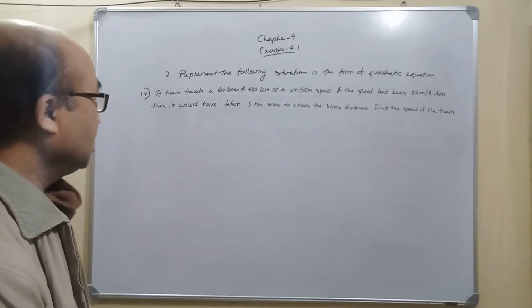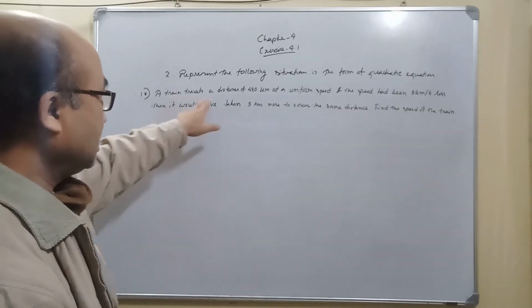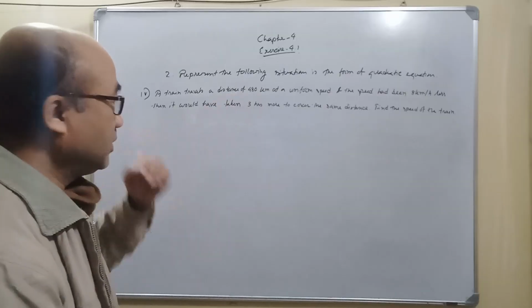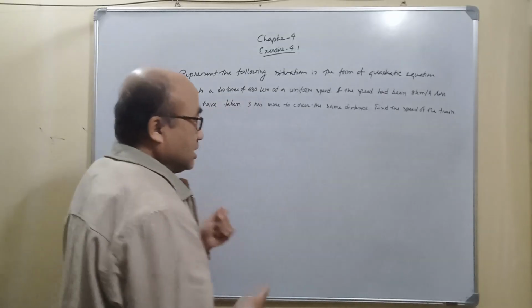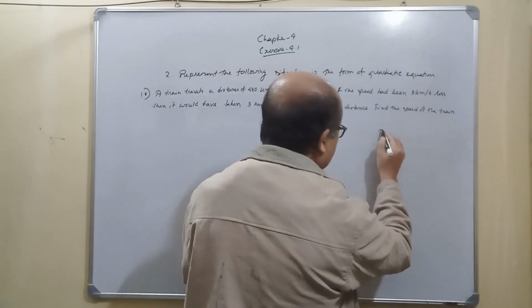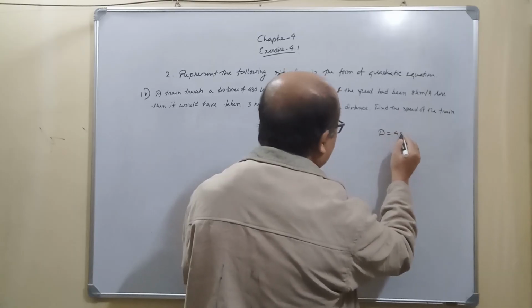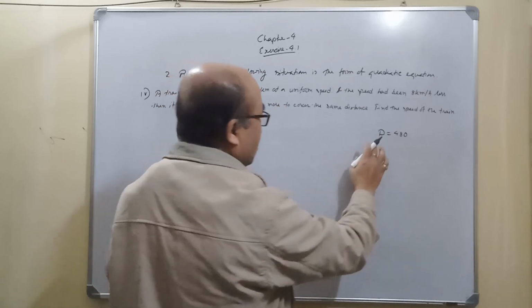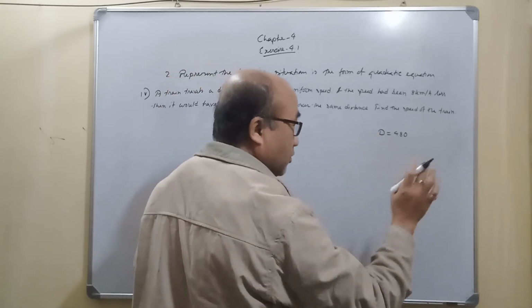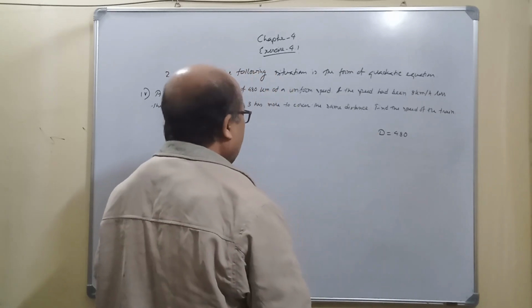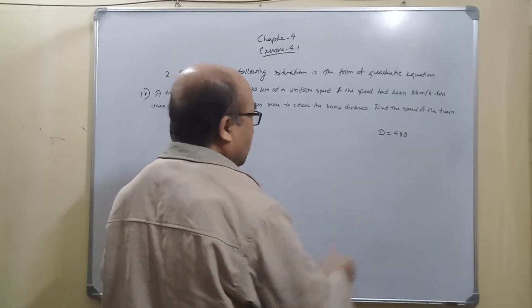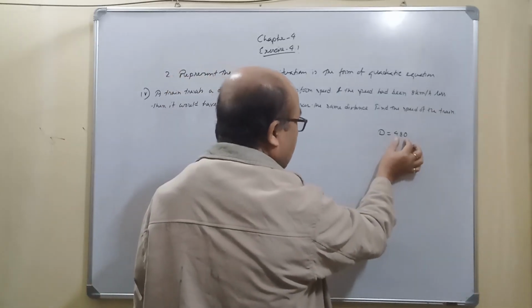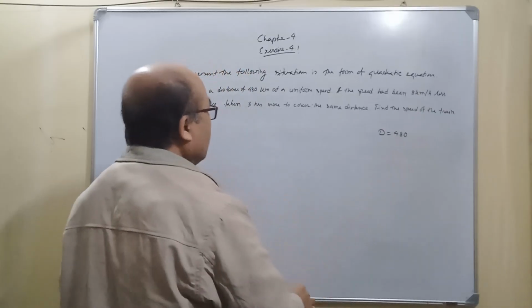It says a train travels a distance of 480 km. So distance, total distance, suppose denoted by D, is 480 km, at a uniform speed. A train moves at a uniform speed and covers 480 km.